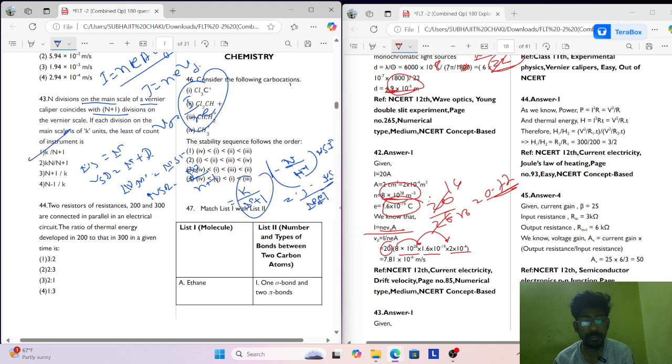Option number 1. Question 44. The resistors 20 ohm and 30 ohm are connected. Find the ratio of the thermal energies developed in the 20 ohm to the 30 ohm in given time.